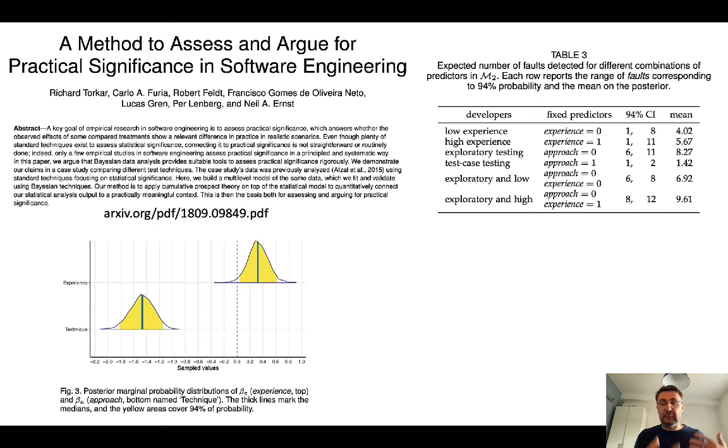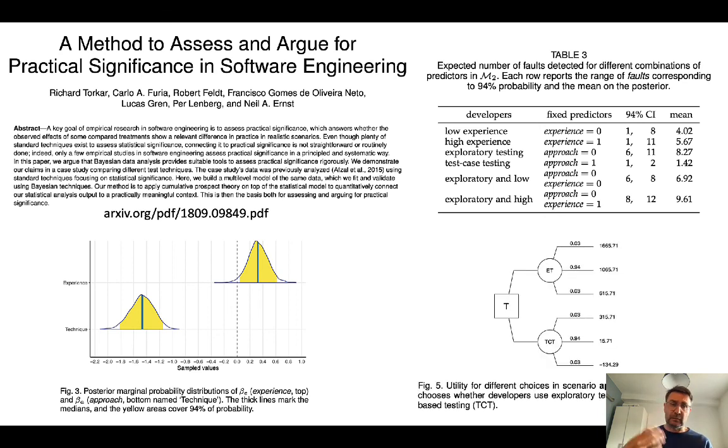Or we can even run simulations of combinations, like exploratory and low experience compared to exploratory and high. And we can get the estimates in concrete language. So here it is, the expected number of faults found or failures found using these different scenarios.